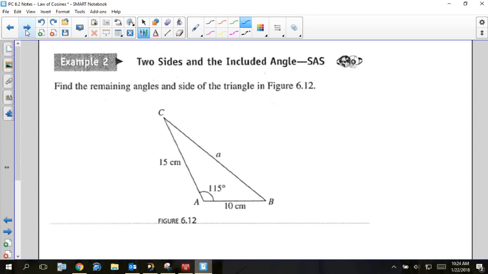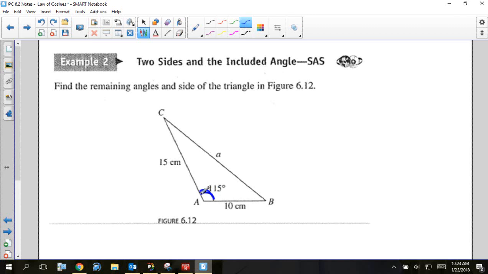So then the second triangle, they would ask you to solve the triangle, which means to find all the missing pieces. And here we are given SAS, side angle side. So I'm going to use the first version, the standard form version, of the law of cosines. And I'm going to find the angle that's given.